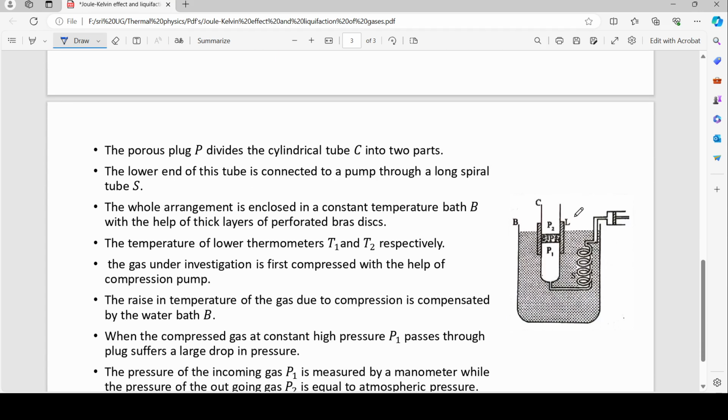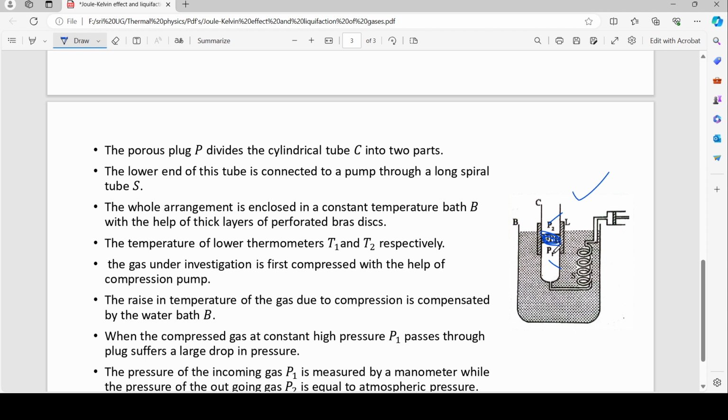So here see the diagram, the porous plug experiment diagram. The porous plug divides the cylindrical tube C into two parts. So here it is a porous plug, dividing this cylindrical part into two parts, an upper part and a lower part. The lower end of this tube is connected to the pump through a long spiral tube.